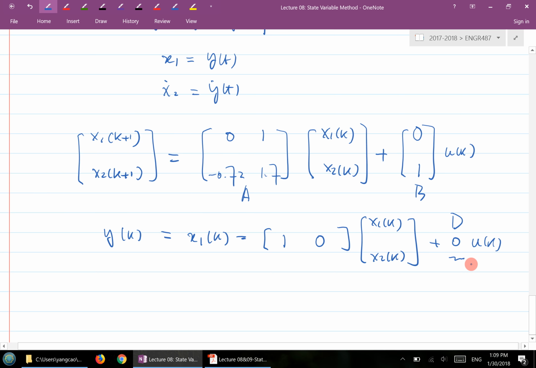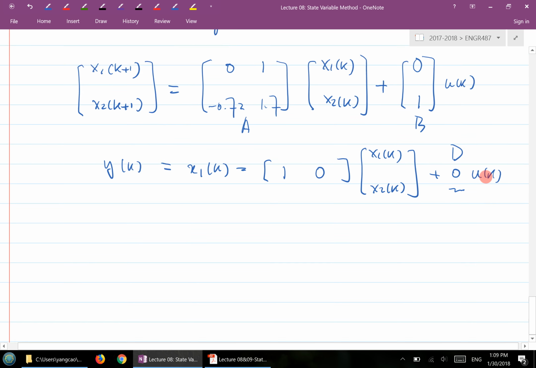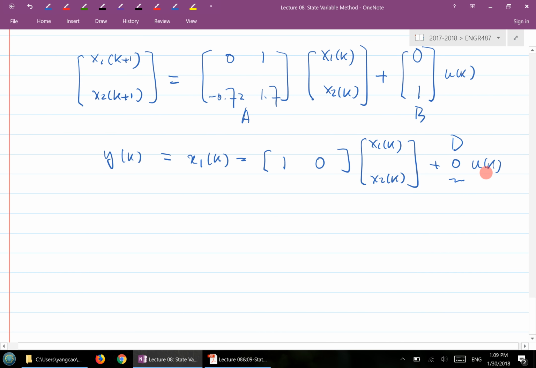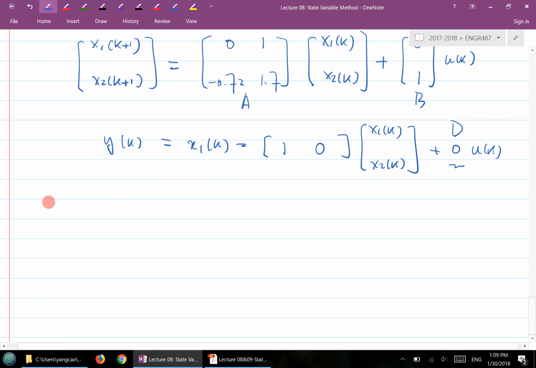Good. So now I'm going to go into a more detailed derivation of the state space model. But before we do that, there's one concept I want to cover: the simulation diagram, which will help us derive the state space model.